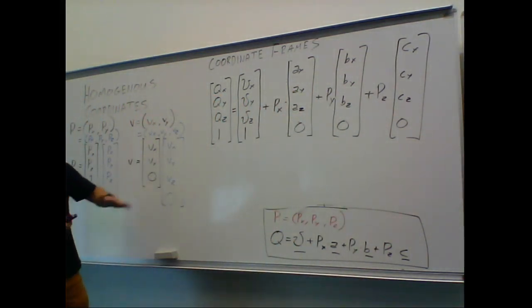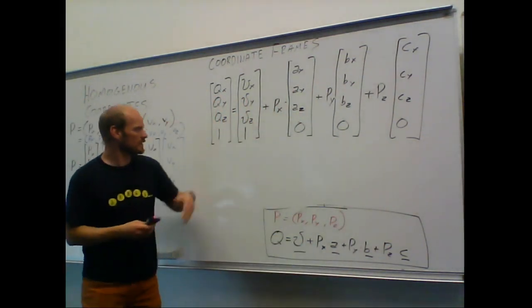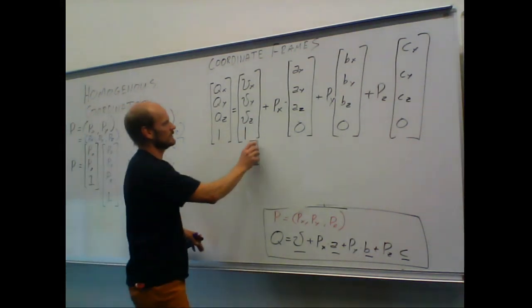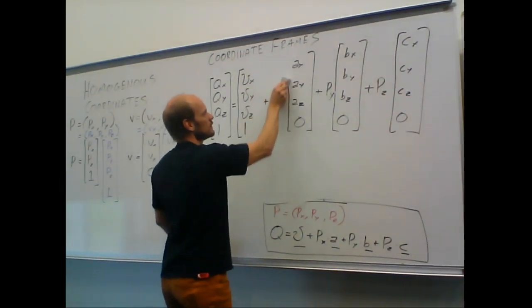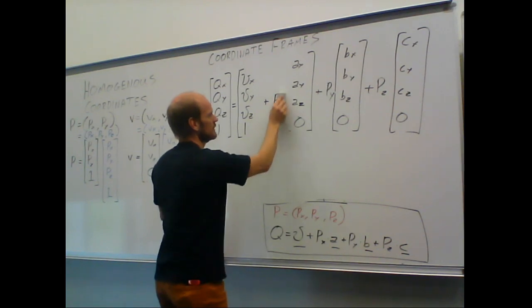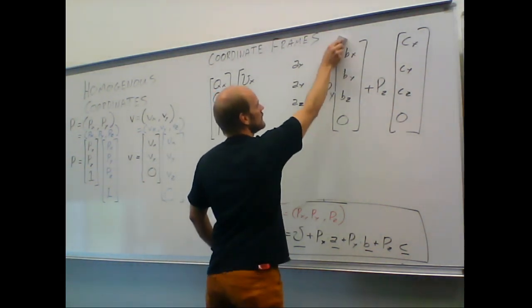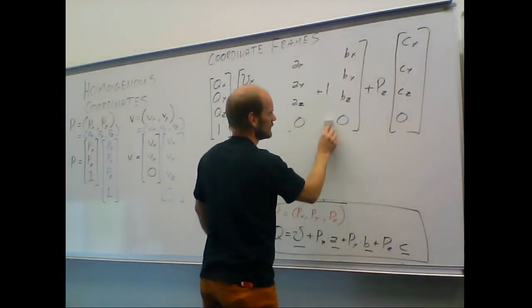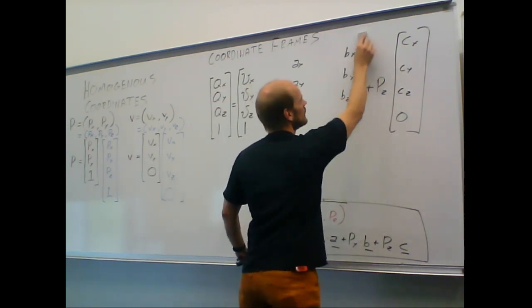All right, so this is what it looks like written up here. But I could also write this as one column matrix, where each of the values in this column matrix is basically a calculation.